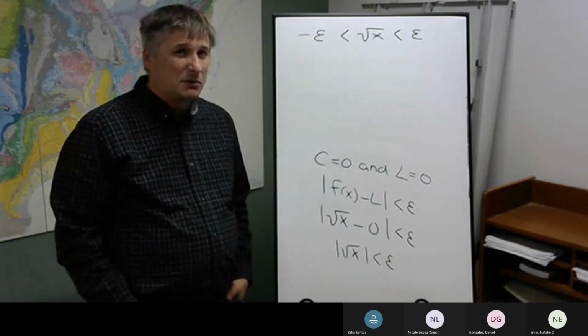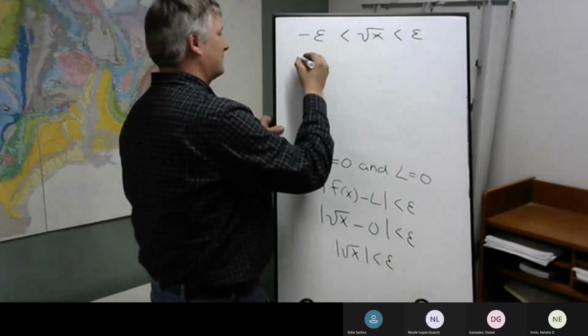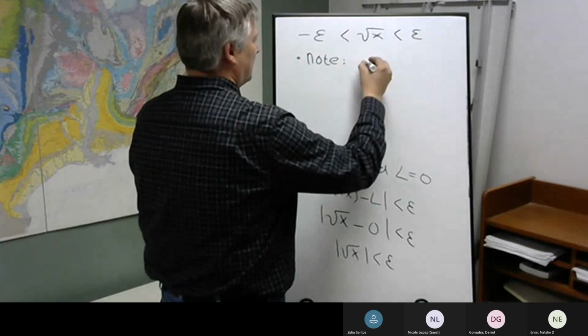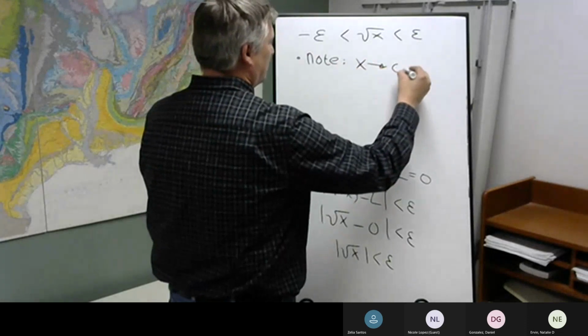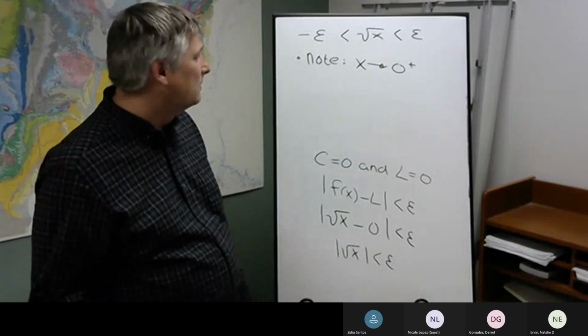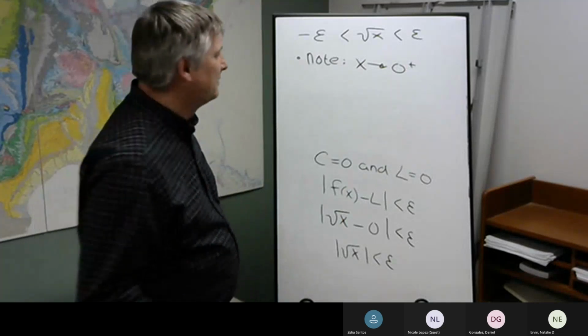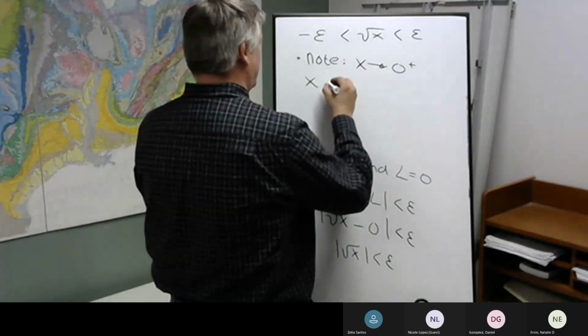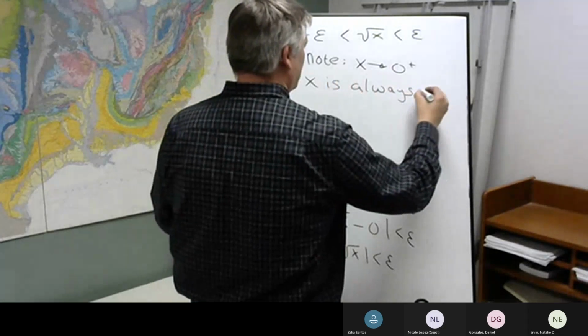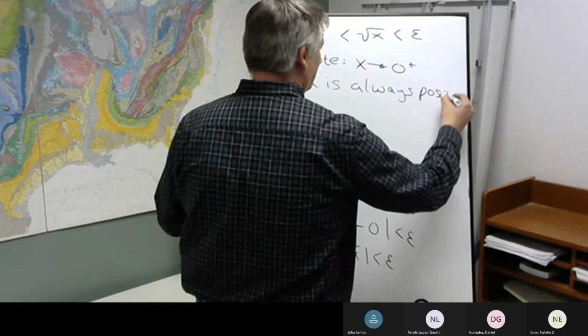Now, we're going to make a little note here. Since x is approaching 0 from the right, x is always positive.